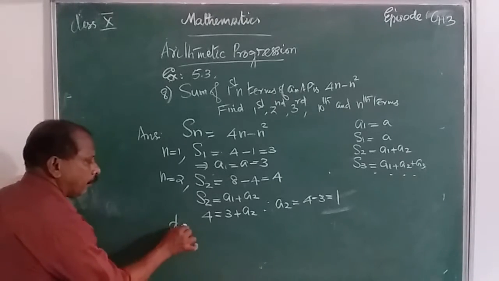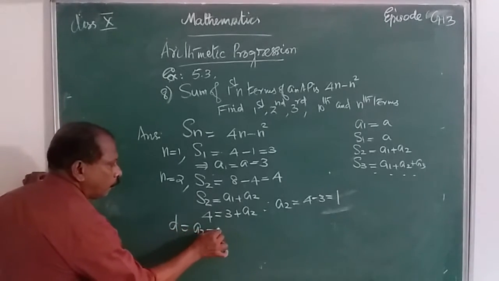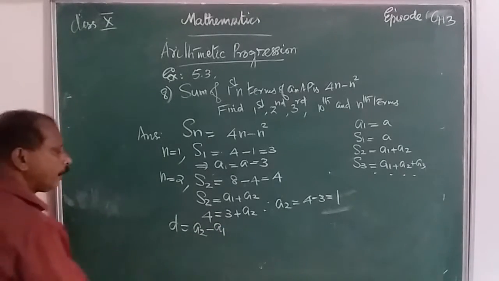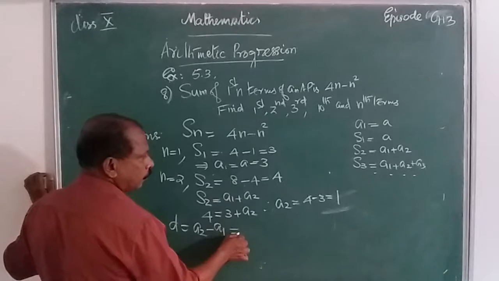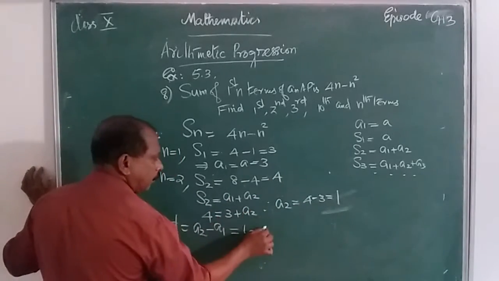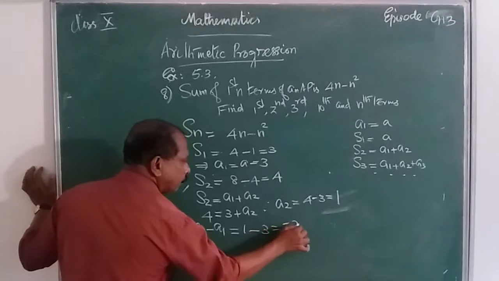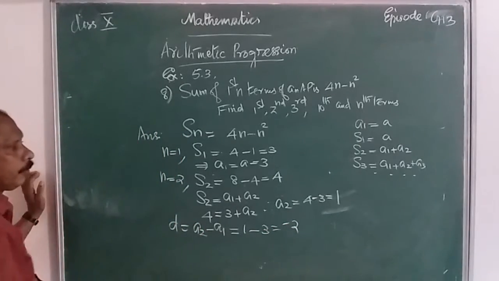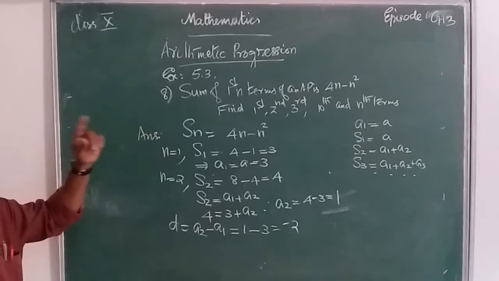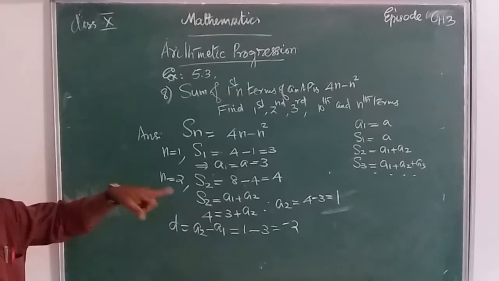Therefore, d is equal to A2 minus A1. A2 is 1, minus A1, which is 3, is equal to minus 2. That means in the sum of n terms, when n is replaced by 1, it is the sum of one term, that is the first term.